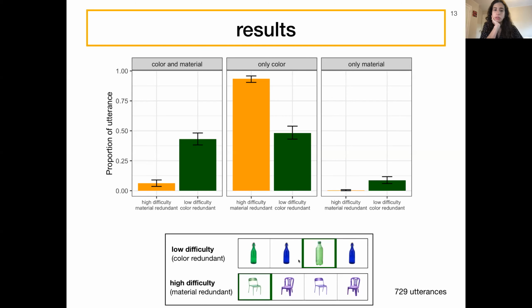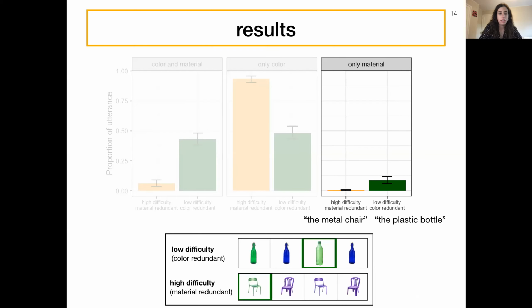To explore the use of redundant adjectives, we first classified these produced utterances as color and material, only color, or only material. Here we see the proportion of non-redundant only material utterances on the right. These utterances were sufficient when they were uttered in the low difficulty trials, and they were underinformative in the high difficulty trials.